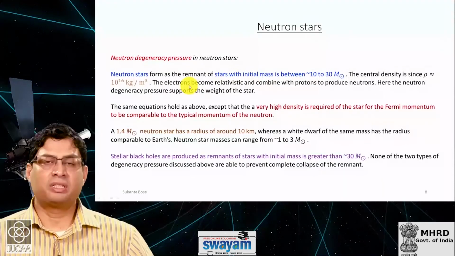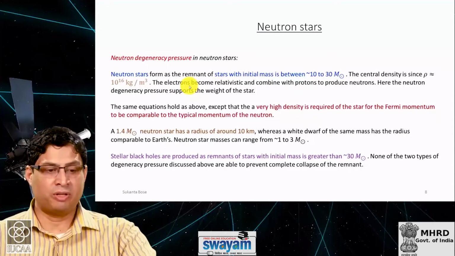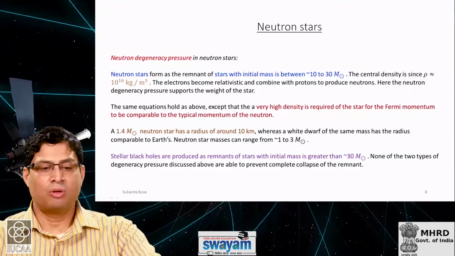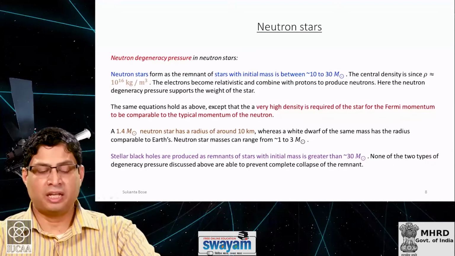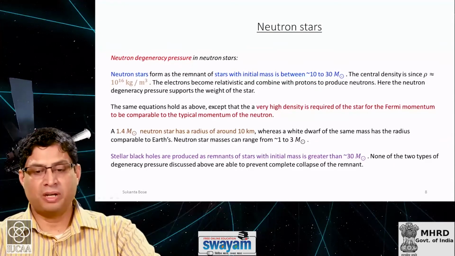This happens when the initial star, as I said, is much heavier than in the case of white dwarfs, and in such a situation the electrons in the core will of course be relativistic, but they can be so relativistic that they will combine with protons to produce neutrons.